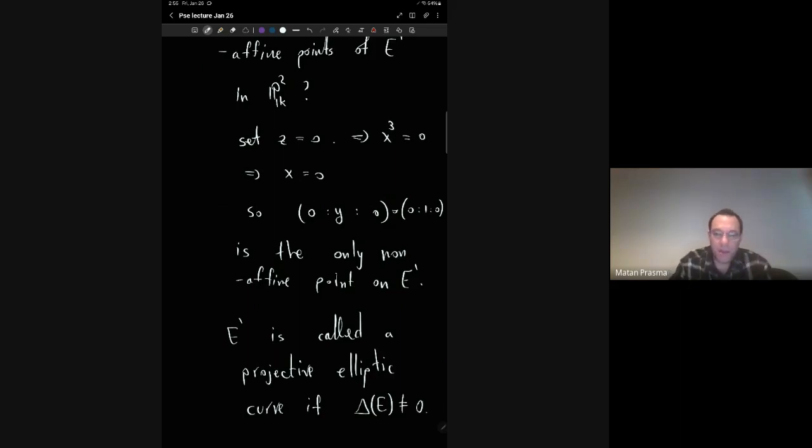And you could go on and define what a tangent line is, and you will have an analogous result saying that a projective curve of this form E prime is an elliptic curve if and only if it is smooth, or it admits a tangent line at every point. And once you did this, you can define the binary operation in terms of all the projective solutions for E prime.